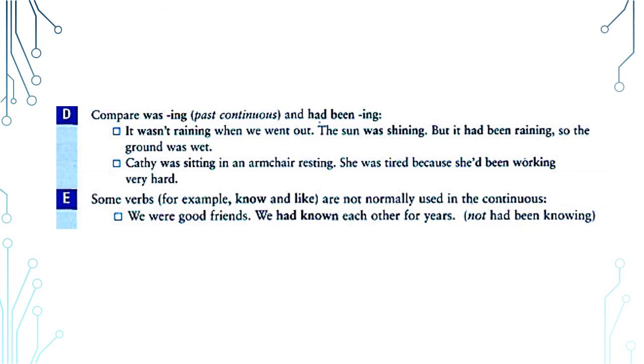So be careful when you use the past perfect and the past perfect continuous, and try to differentiate between the past perfect and the present perfect. The past perfect continuous and the present perfect continuous are completely different. So you have to make sure that you use these tenses correctly.